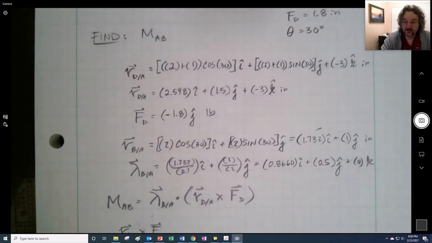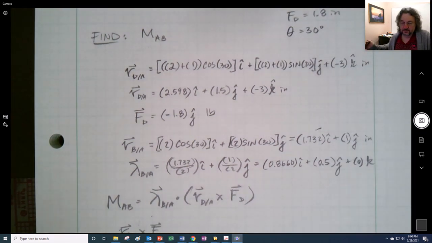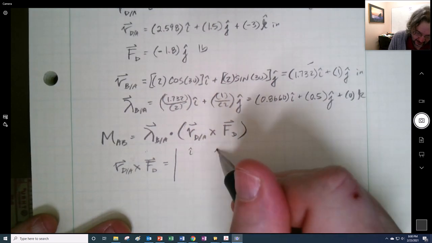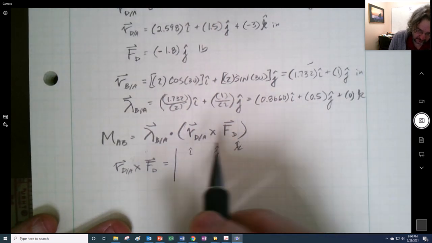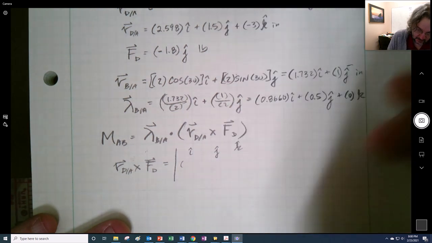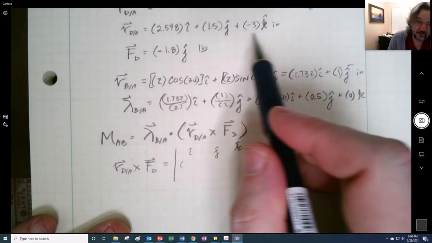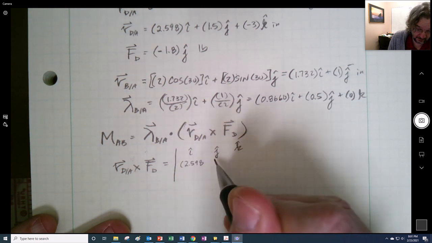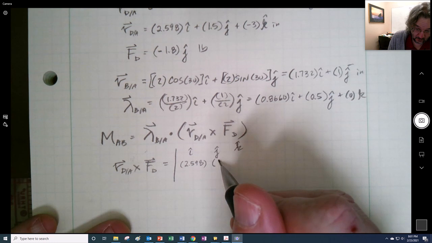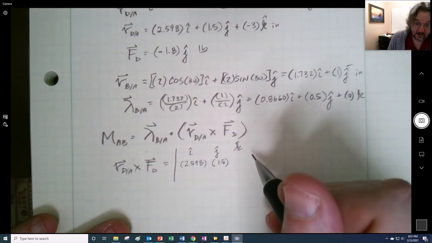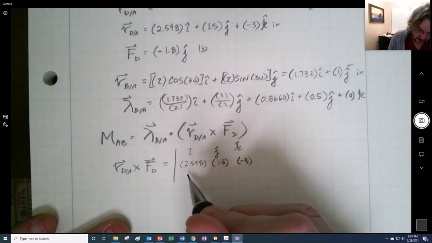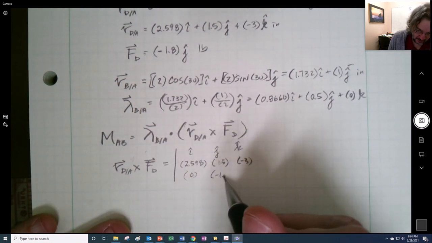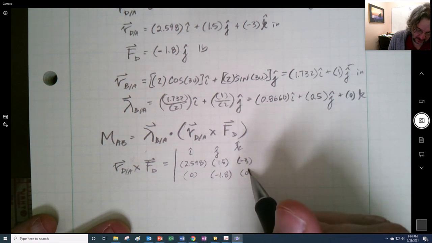Whoops. I need to move this keyboard over to the side. So I take my i, j, and k, and then I take my position vector right up here, 2.598, 1.5, and -3, and then I take my force vector, which is going to be 0, -1.8, and 0.